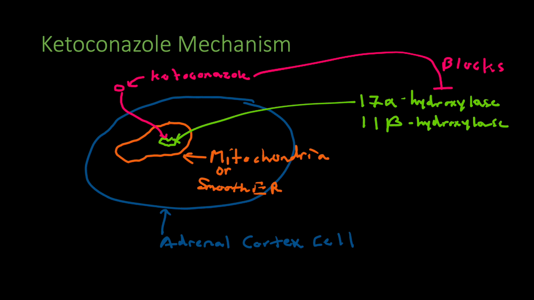Ketoconazole, these are some of the secondary treatments of Cushing disease. The main thing here is to prevent the production of cortisol.